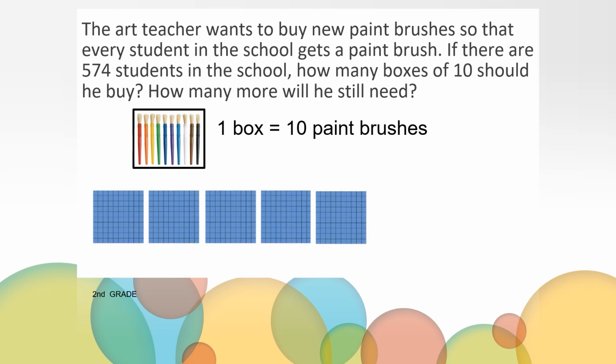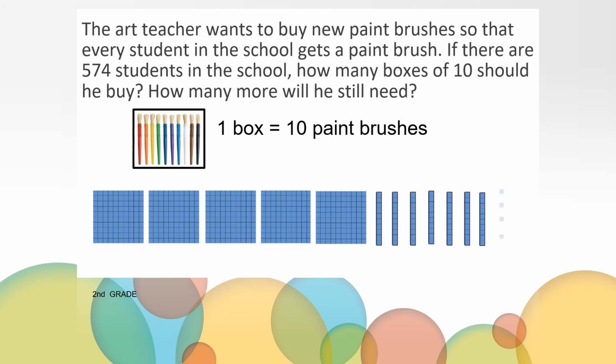I have 570 in 7 10s and 4 1s for 574. Now, how many 10s are there in this whole group? We know that there are 10 10s in each 100, so that would be 50 10s in the hundreds.